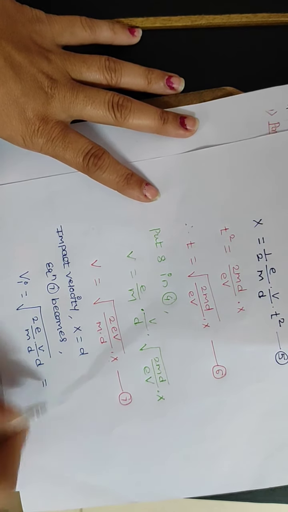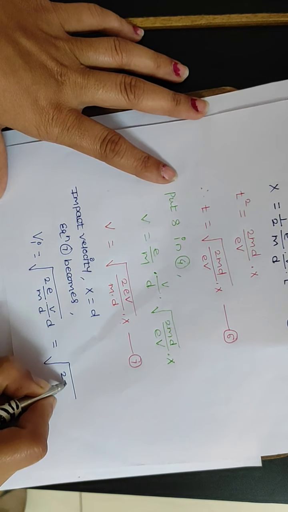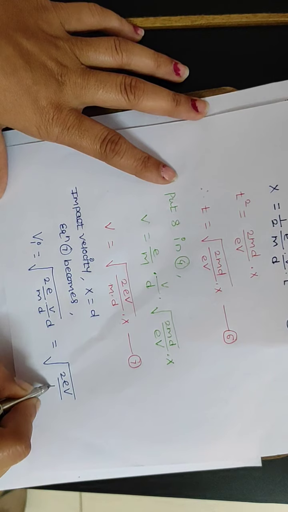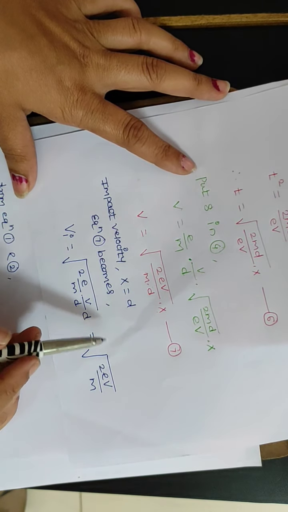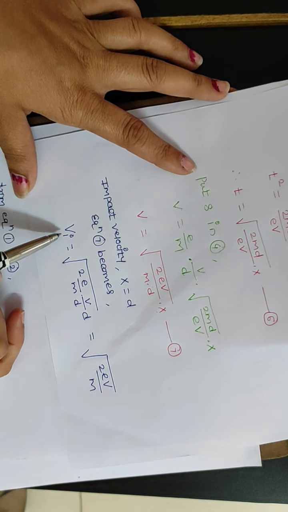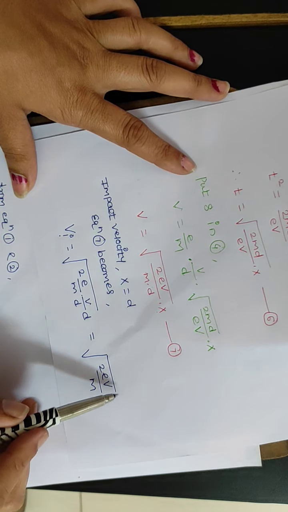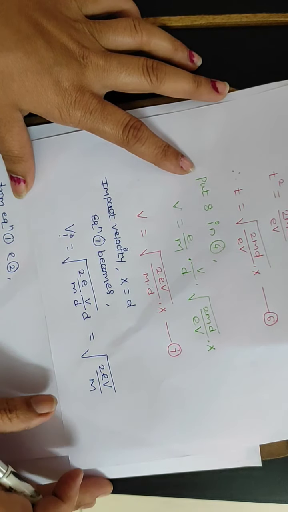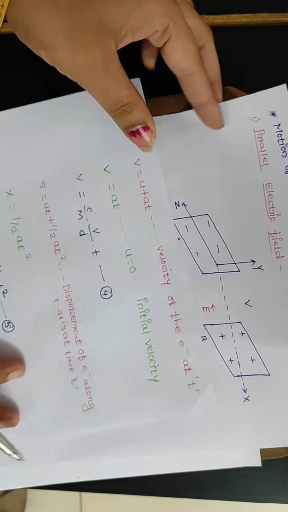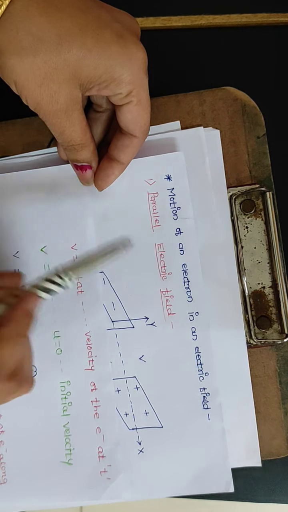So the remaining equation we can write root of 2EV divided by m. So from this equation also we can say that velocity of impact is directly proportional to the square root of potential difference V. Understood? So this is about the motion of an electron in a parallel electric field.